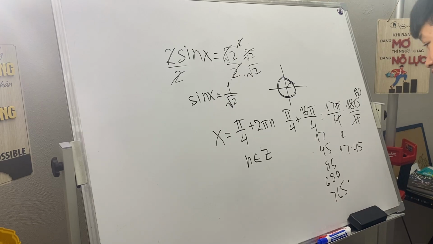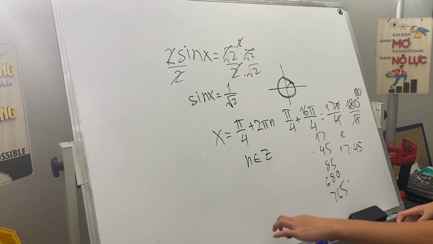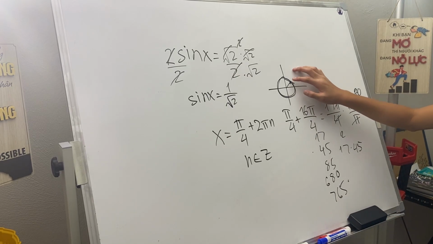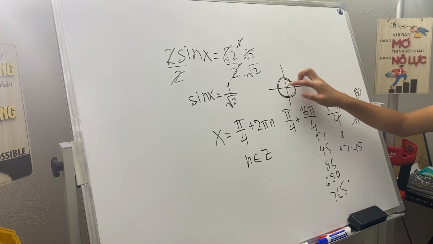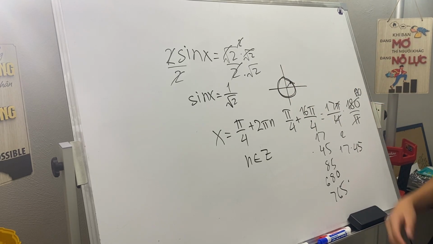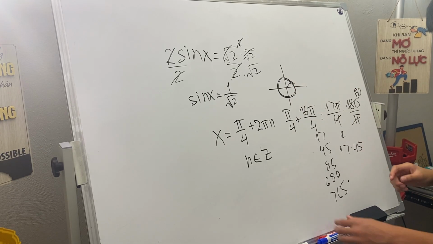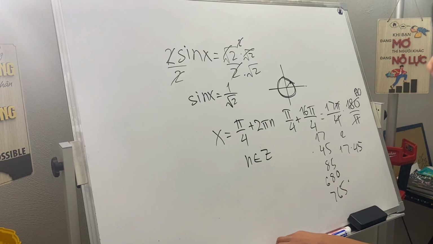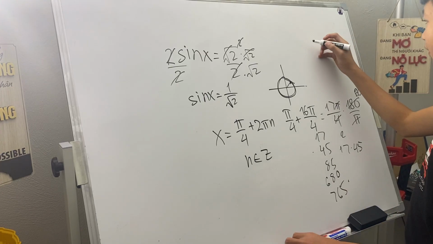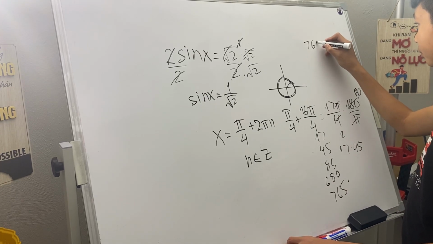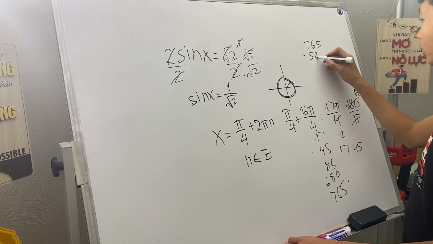Gonna take me a long time. So we have to start right here. 360. Add another 360, that's 720. Subtract 720 from 765.